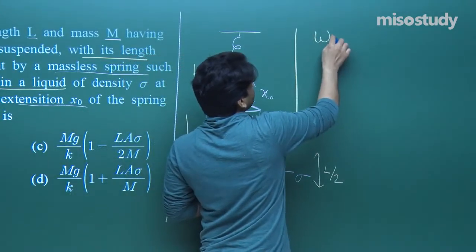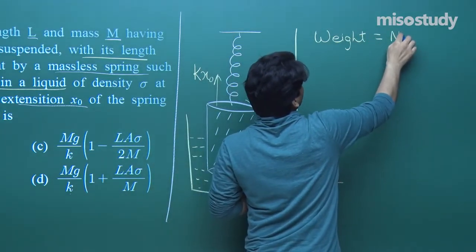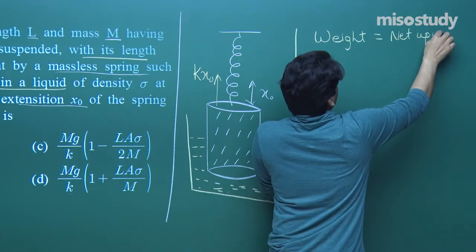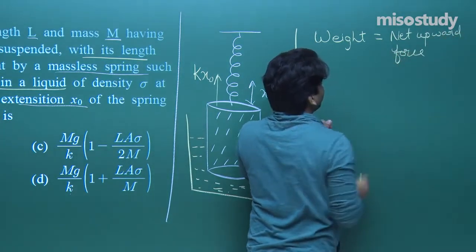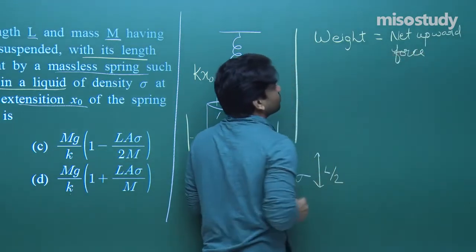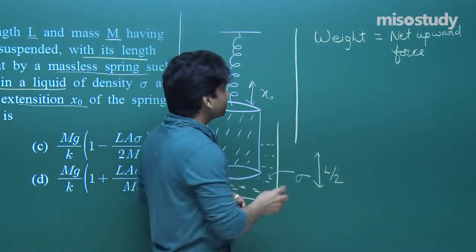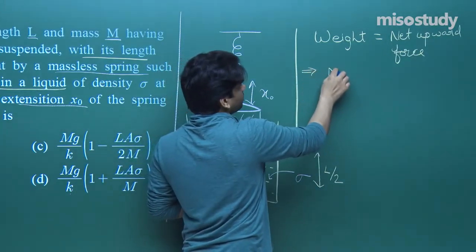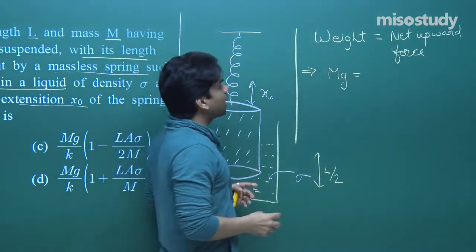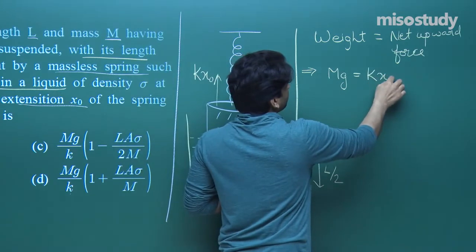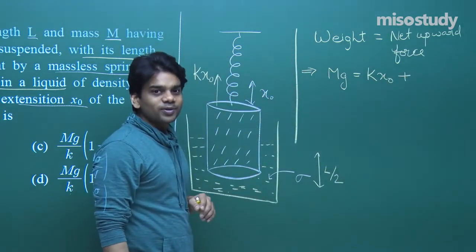This is what we can make out from the diagram and from the given condition. Now the weight of the cylinder that's acting is equal to mg. Weight will be equal to mg, quite simple, is equal to the net upward force: kx naught acting along the upward direction, plus you should also add the buoyant force that is acting.